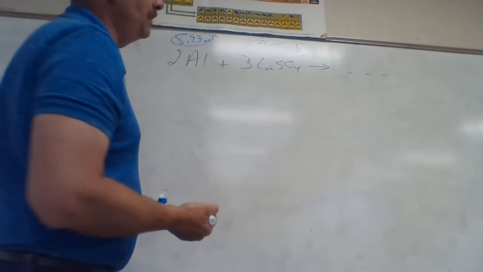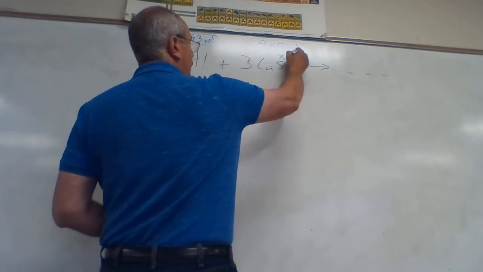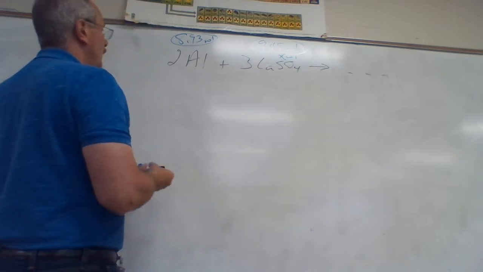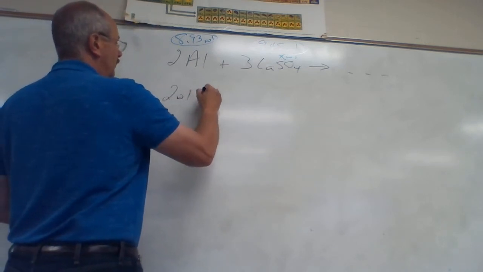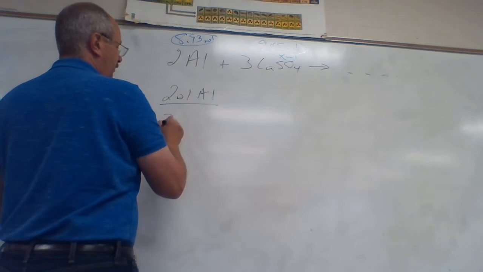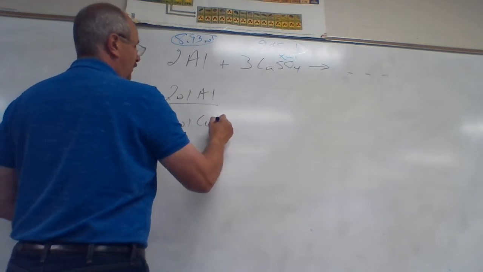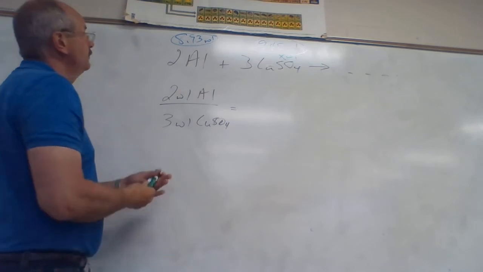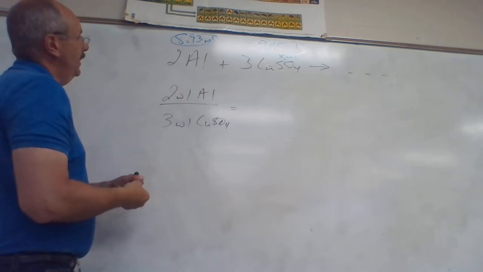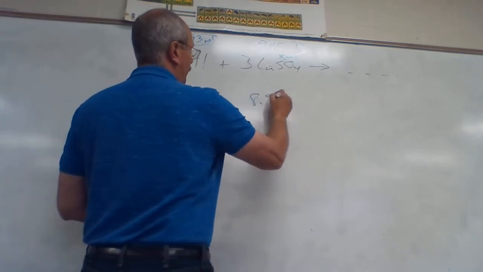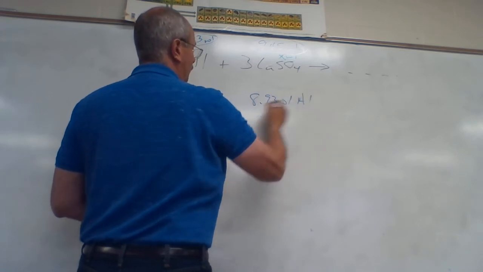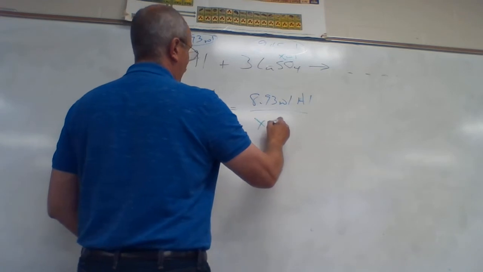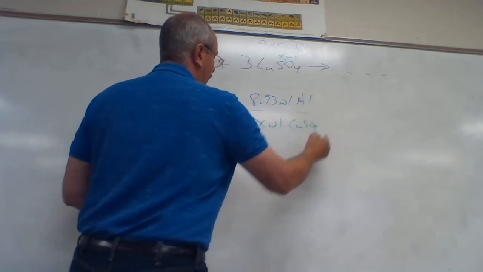So first time, let's make this guy X over here. So if I do that, then that means I have 2 moles of aluminum joins up with 3 moles of copper sulfate. Then we make that equal to, I actually have 8.93 moles of aluminum, and I want to find my green X moles of copper sulfate.